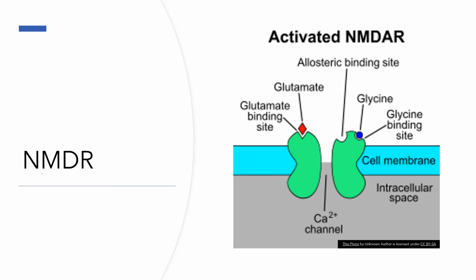And what are these receptors? NMDA receptors, N-methyl D-aspartate receptors. This is the cell membrane, and this is the NMDA receptor within that cell membrane.